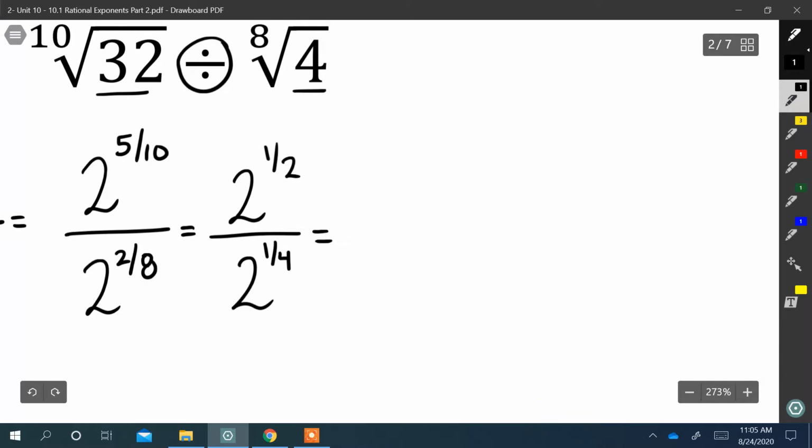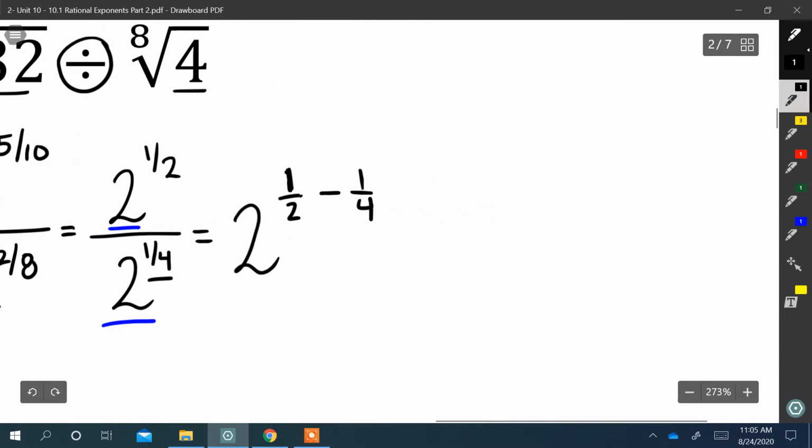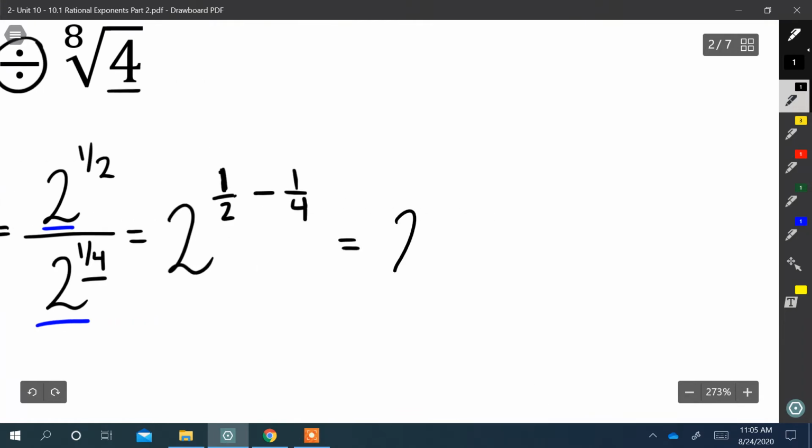Remember, when you divide just like this, if you have the same base, what you can do is write it like this. 2, this will be 1/2 minus the 1/4. Let's rewrite that half as 2 over 4 so that I can subtract.